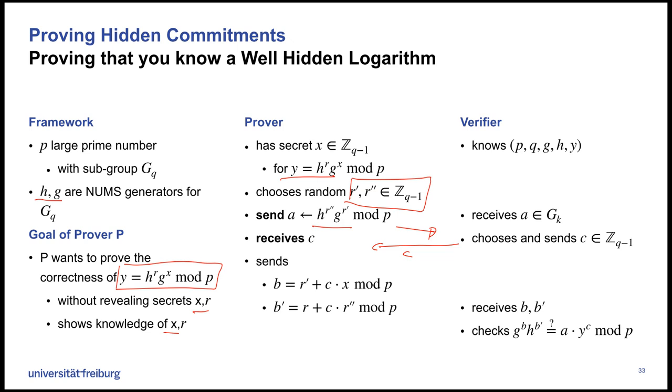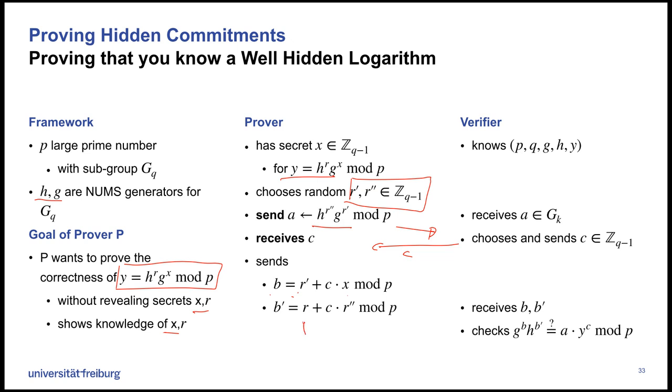After we got this challenge, what we have to do now is we send 2 factors. One is R prime plus C times X. So that's the secrets here somehow. And the other one is R plus C times R prime prime. Okay. For this, there are two things important.